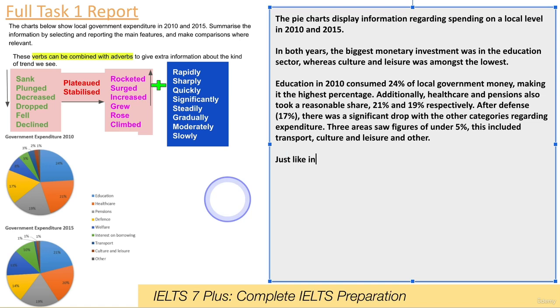So just like in 2010, 2015. In 2015, the highest budget was dedicated to education. And we can do a bracket again, 21%.